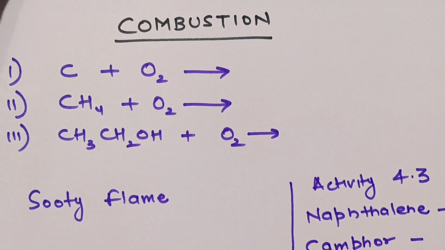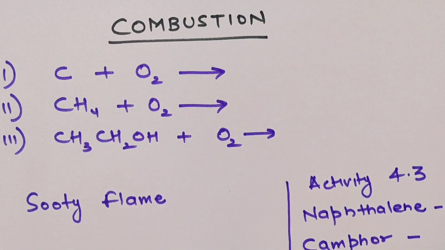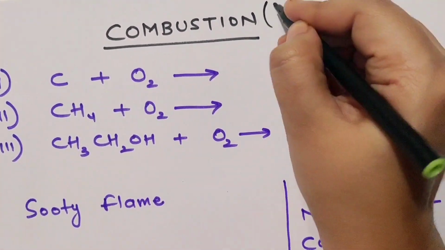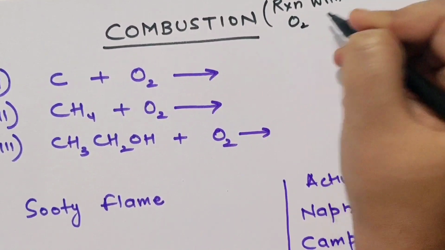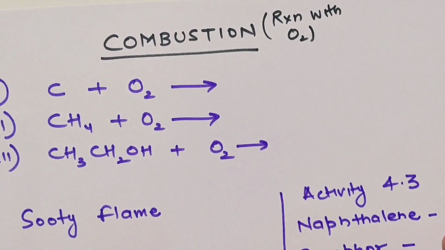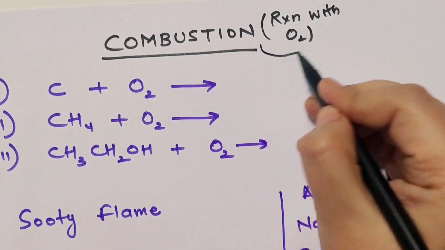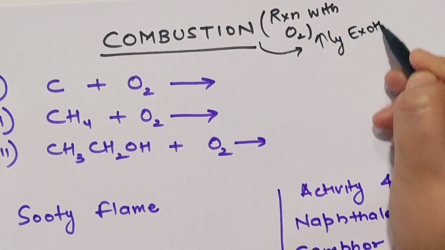Okay, now let's talk about the first kind of reaction, combustion. Combustion is essentially reaction of any combustible substance with oxygen. This is reaction with oxygen. Now, the second thing that you must remember about combustion is that it's highly exothermic.